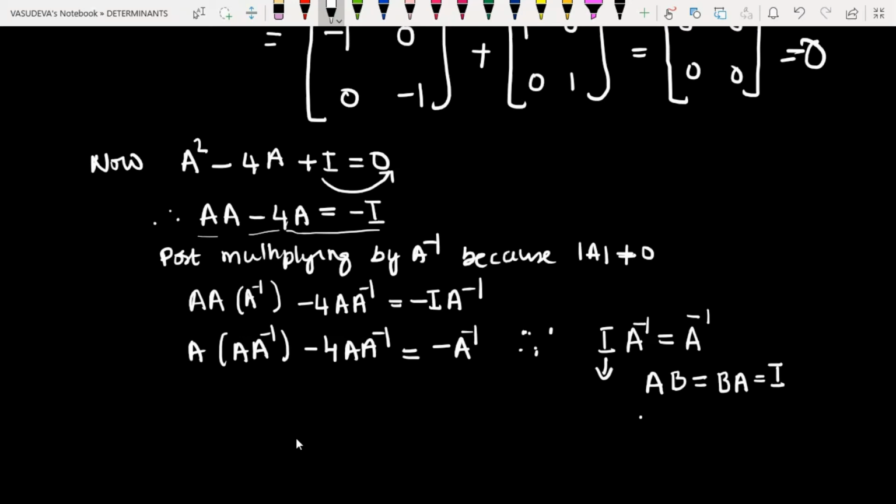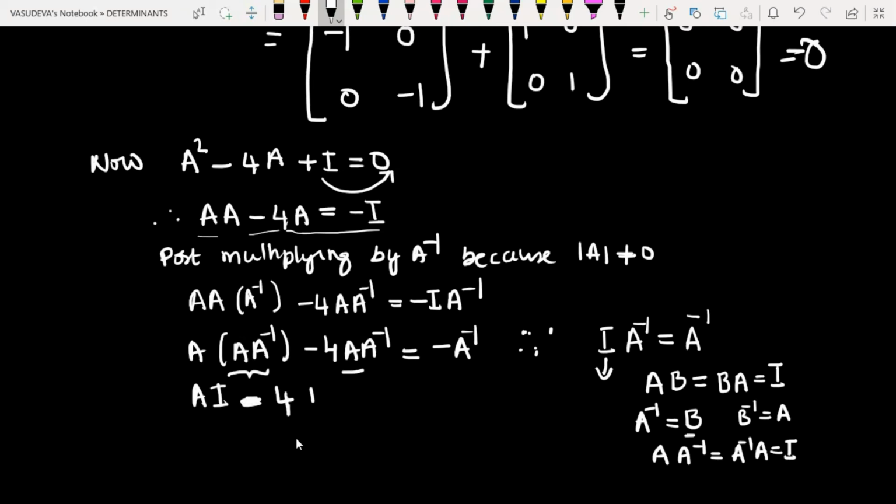So we write the inverse of A is equal to B, or the inverse of B is equal to A; both A and B are inverses of each other. From this we can write A into A inverse is equal to A inverse into A is equal to I. So therefore we have A into A inverse is I. So minus 4 into A inverse is I is equal to minus A inverse.